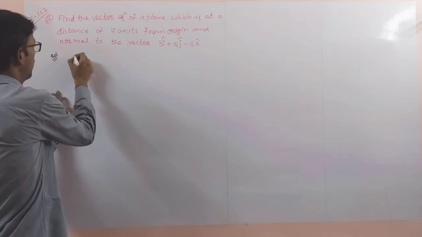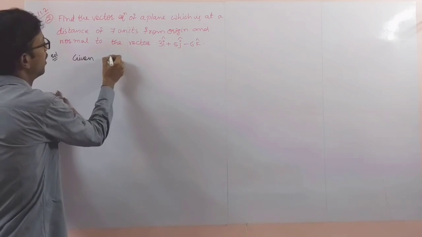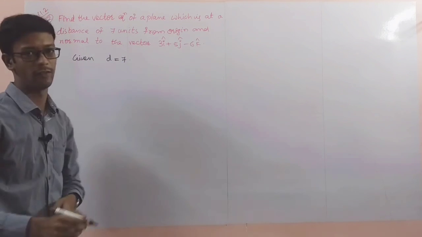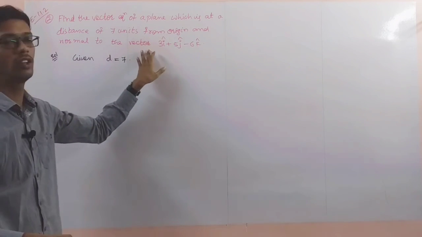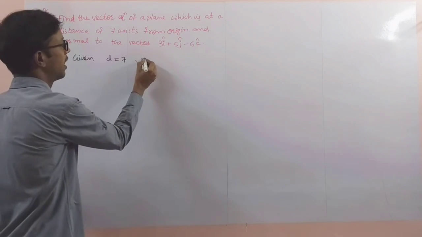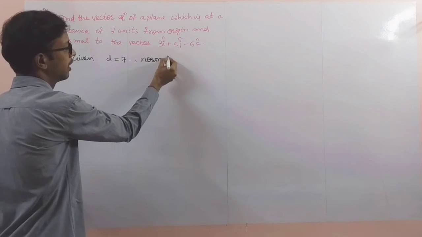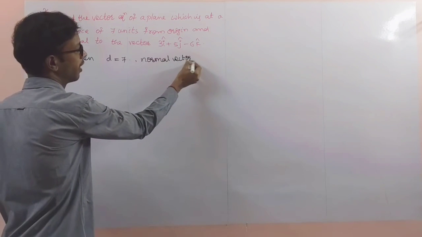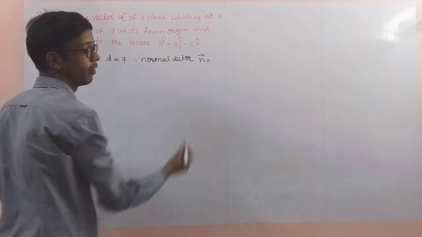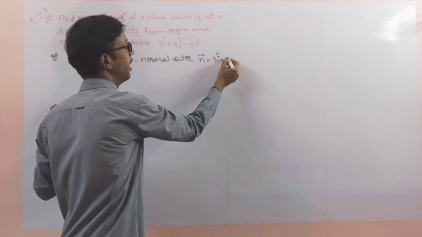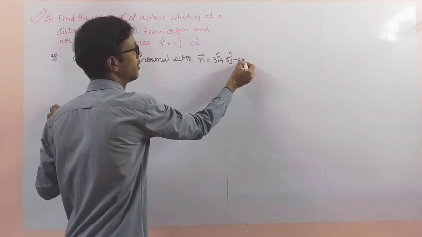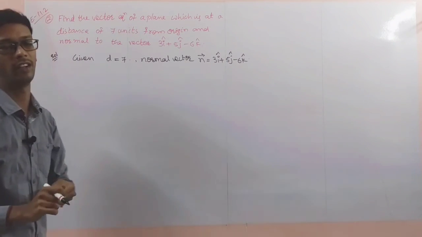Solution: given distance d equal to 7, from the origin, and the normal vector they have given. The normal vector n bar is 3i cap plus 5j cap minus 6k cap.